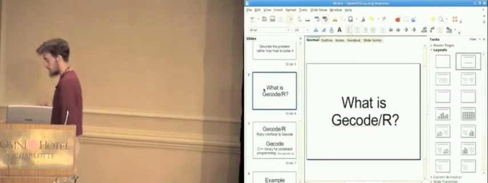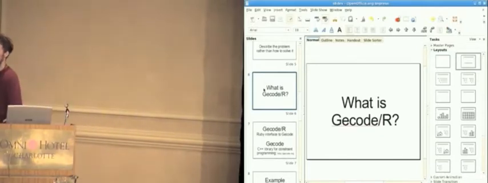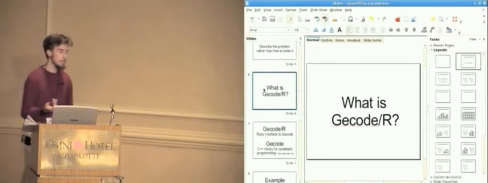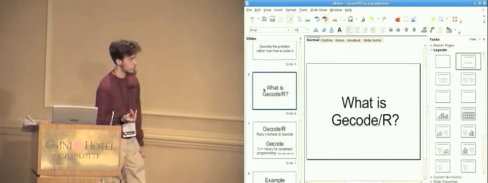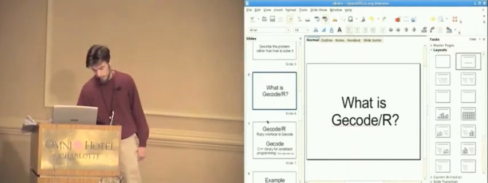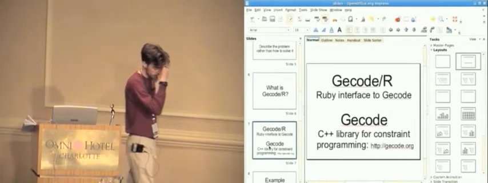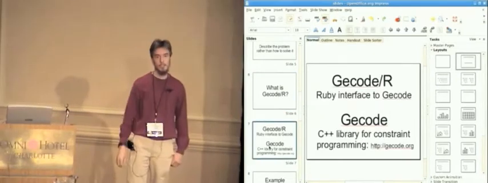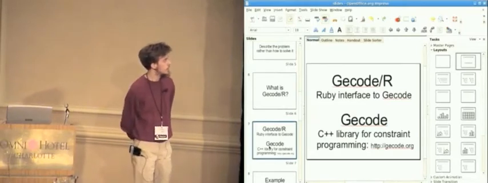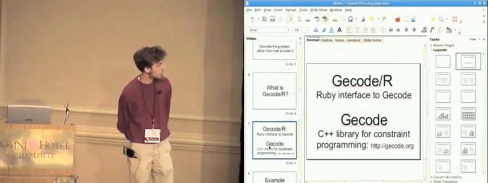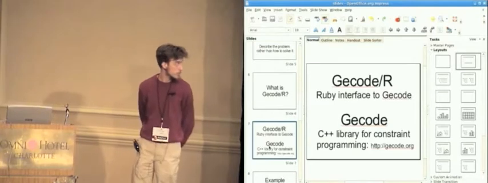So now that we know what constraint programming is, what is Geocode R? Well, Geocode R is basically a Ruby interface to a library called Geocode. And Geocode is a constraint programming library written in C++.